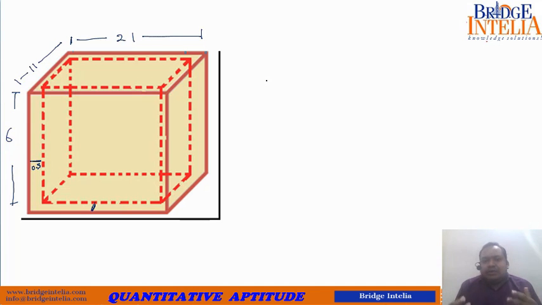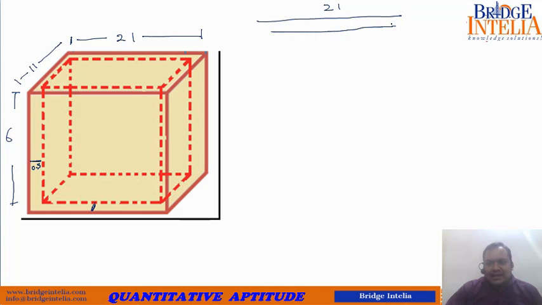So what about the inner dimension? If you think about the inner cube, because there is a hollow space there, this side is 21, but it has also got thickness. So this is 0.5, and this is also 0.5 from here to here because it is enclosed.